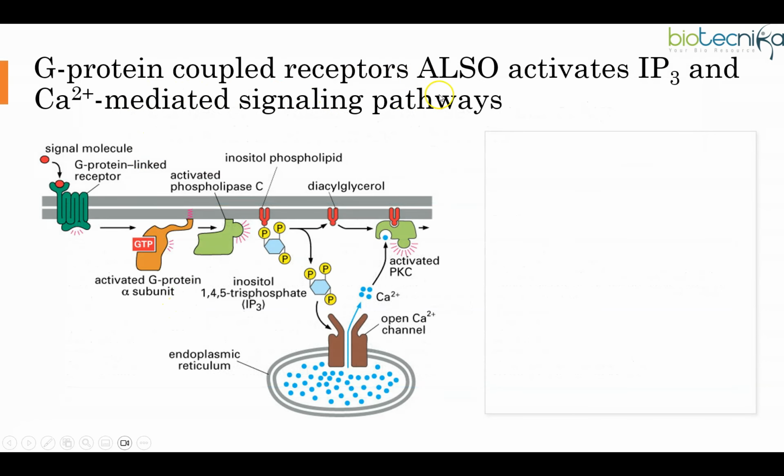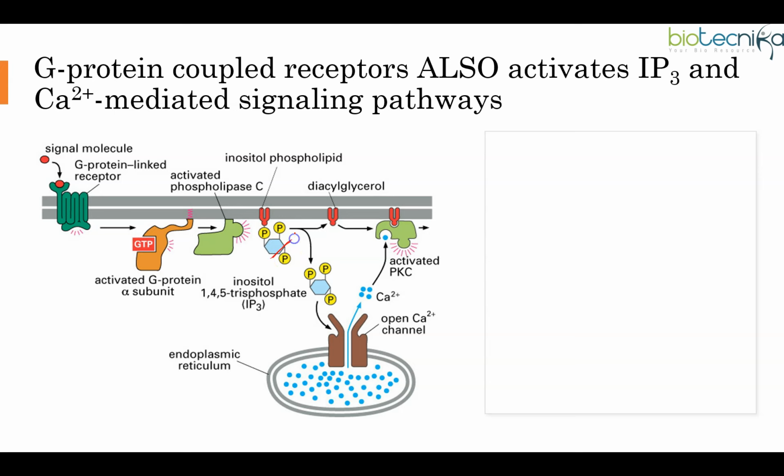So the G-protein coupled receptor also activates IP3 and calcium mediated signaling pathways. So till here, as we know, the activated G alpha subunit, instead of going to the adenylate cyclase, is going to come and bind with something called phospholipase C. Phospholipase C acts as an esterase, cleaving the phosphatidylinositol bisphosphate, PIP2, which is a phospholipid inside the membrane.